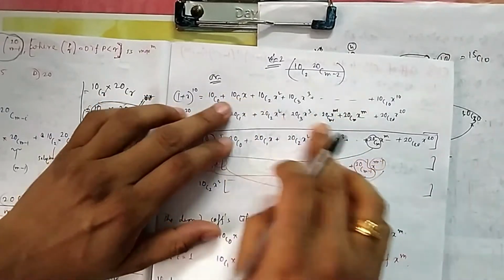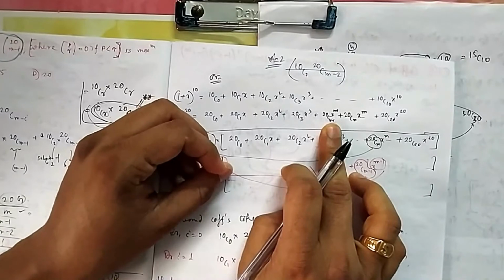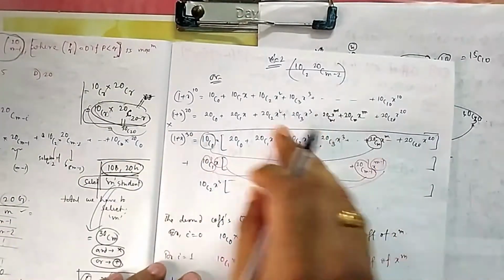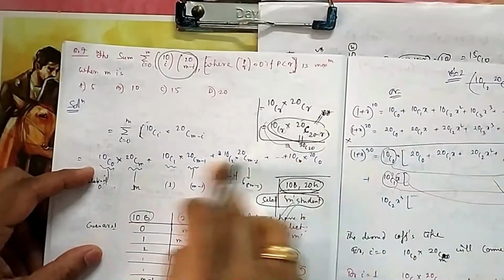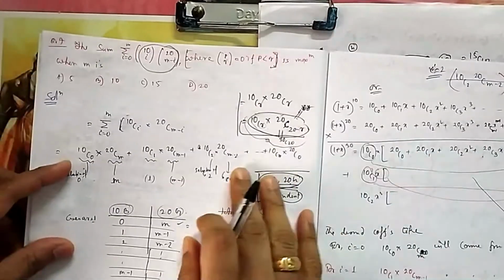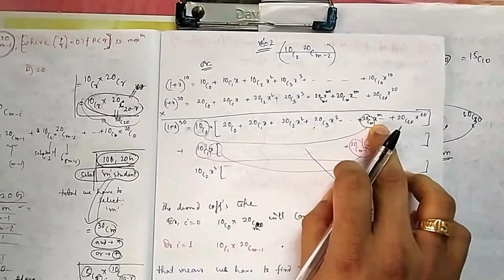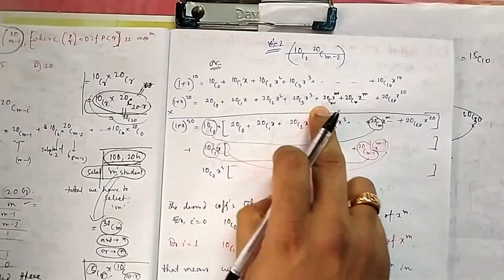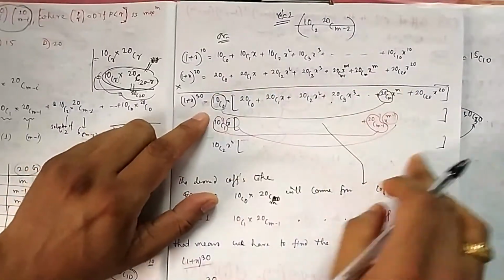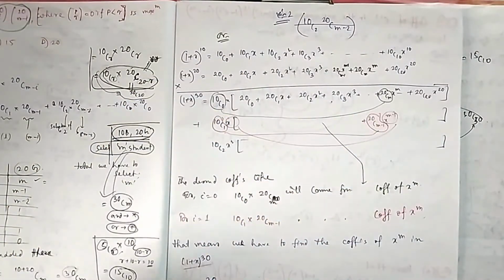That means you are taking only those terms where x to the power m is there, so you are talking about the coefficient of x to the power m. Similarly, for 2 you will multiply by m minus 2, so the power of x is m.